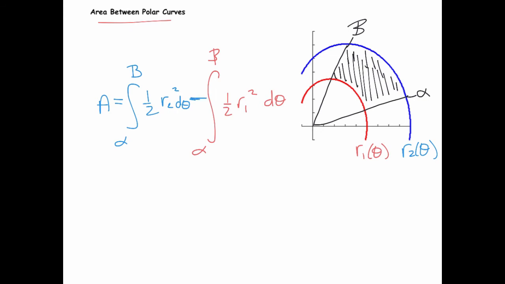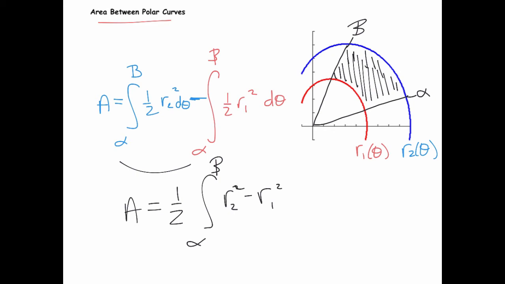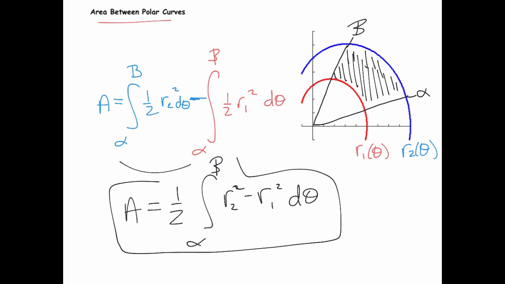But of course that could all be combined into one integral if you're someone who likes formulas. 1/2 R2 minus R1 squared. Alright, so there's one way to get the area in between two polar curves.